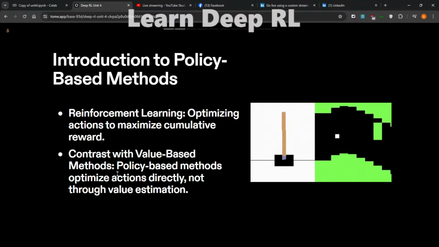In policy-based methods, we optimize actions directly, not through value estimation. So consider this value estimation as a second, intermediary step in value-based methods. In policy-based methods, we go straight to optimizing the actions.